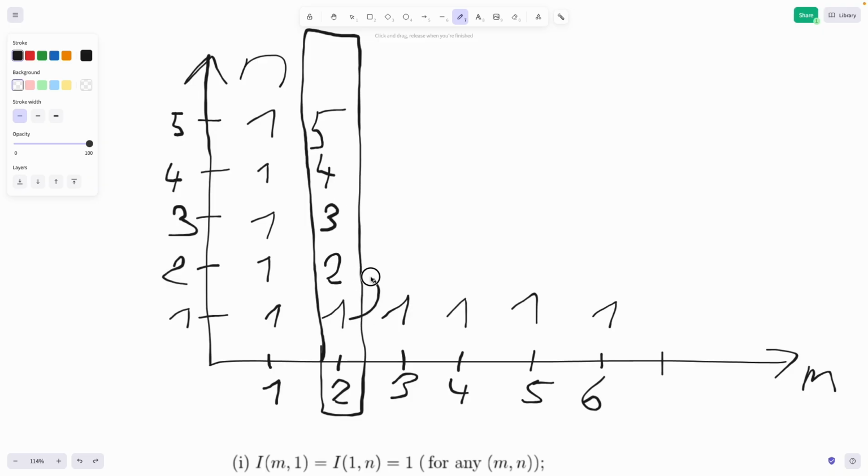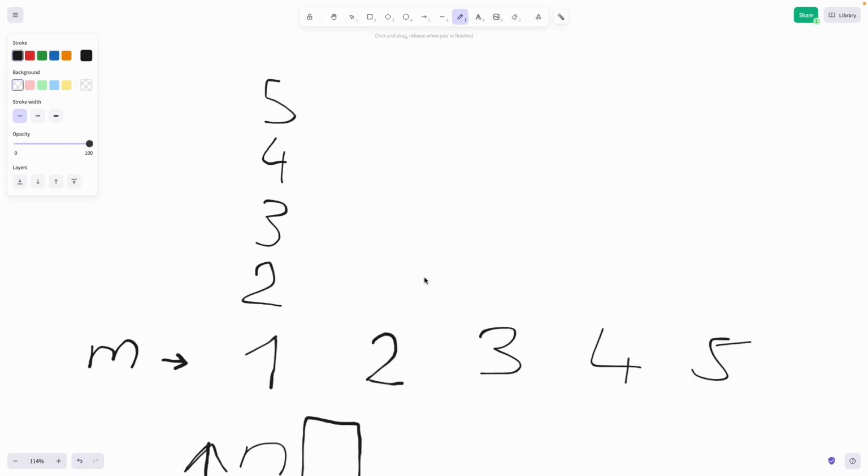Right here we can clearly see that the values increase by a constant of 1. But we can also see the n index of the value is equal to the value itself. In other words, this whole column, which is I at 2n, is equal to n, which is the answer for the first question.